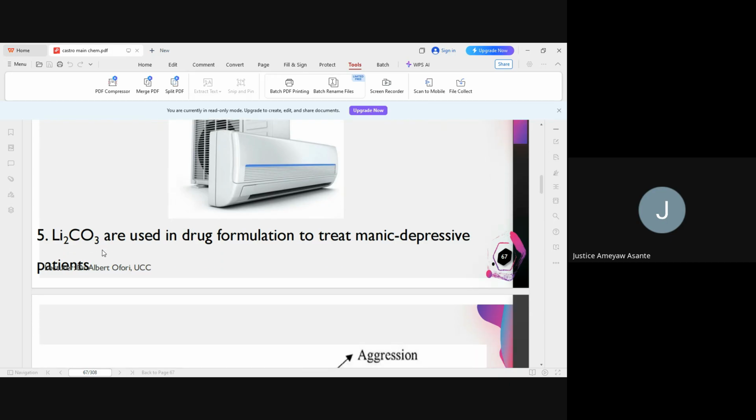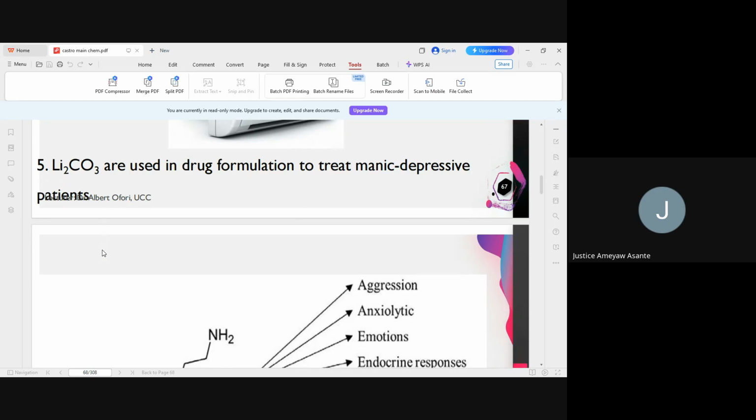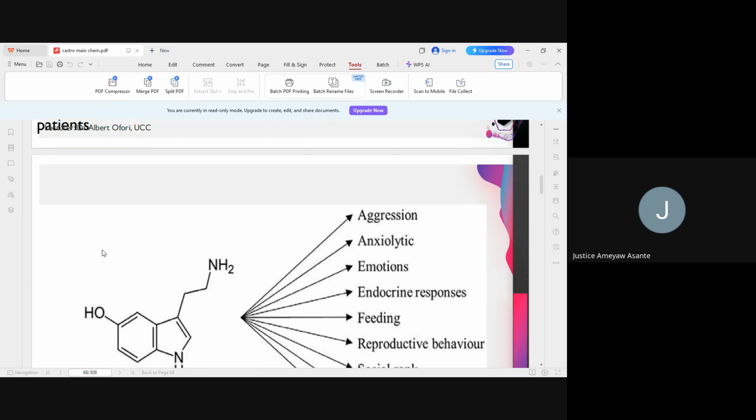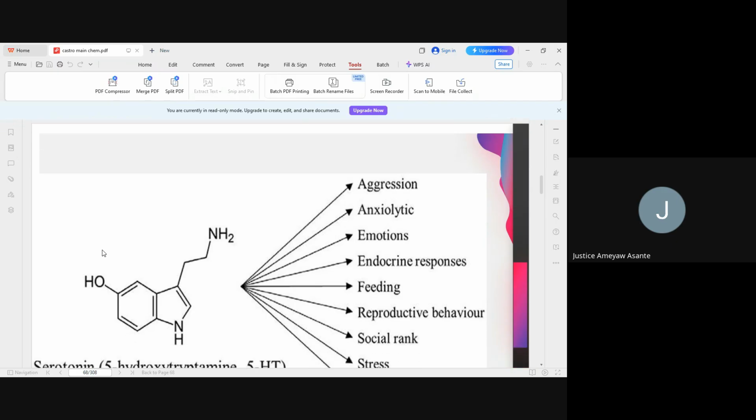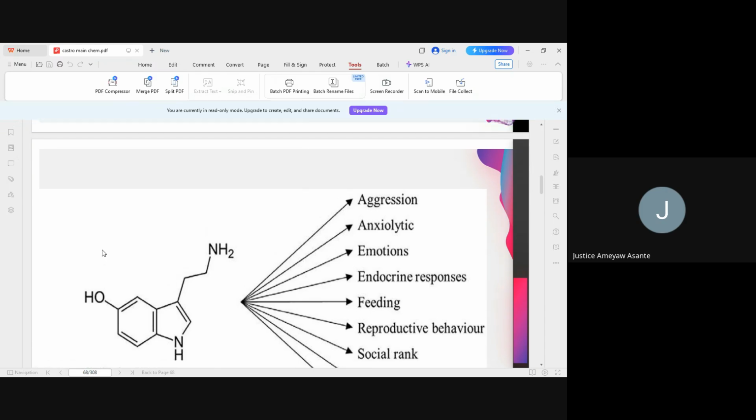Then what do you use lithium carbonate for? Lithium carbonates are used in drug formulation to treat manic depressives. So we have these components in human beings, and in order to suppress it, you use lithium carbonate.